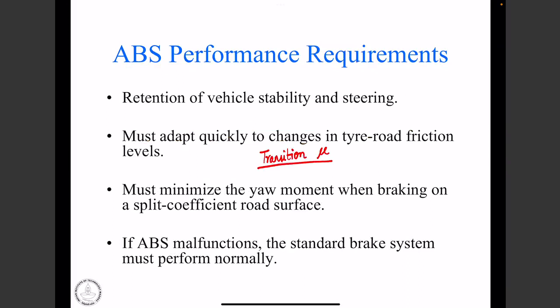And when we have what is called a split mu surface or a split coefficient road surface, the ABS should also ensure that the vehicle doesn't yaw out of control, right? And finally, if ABS malfunctions, we should still ensure that the underlying standard brake system performs normally. Okay, so those are some requirements from ABS.